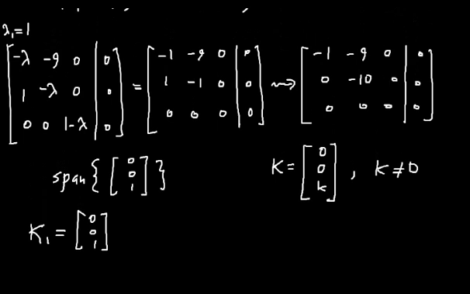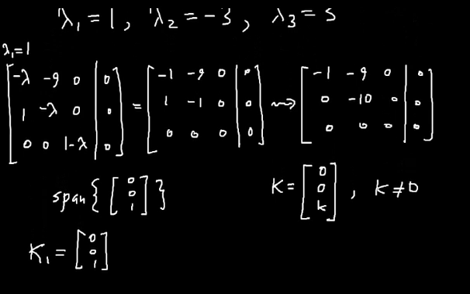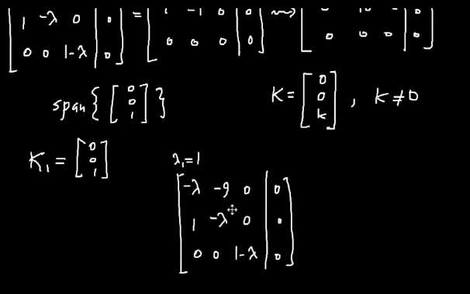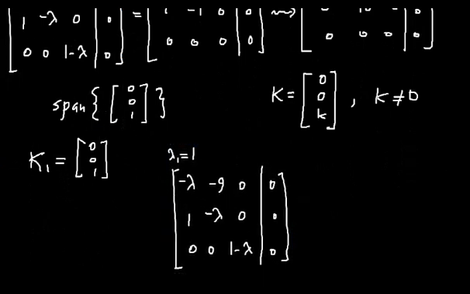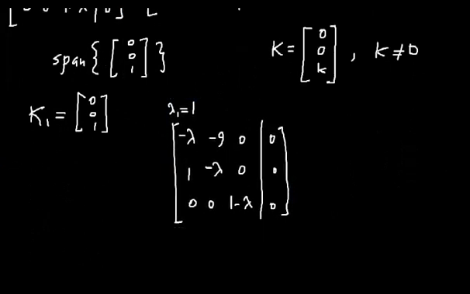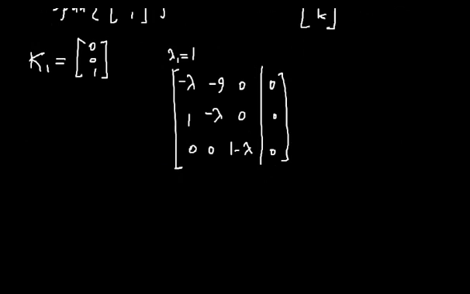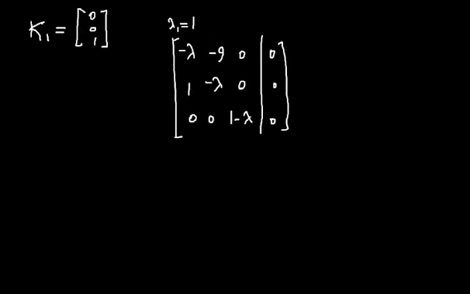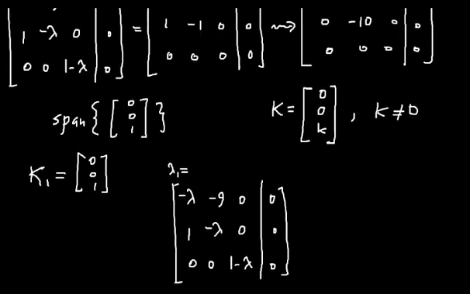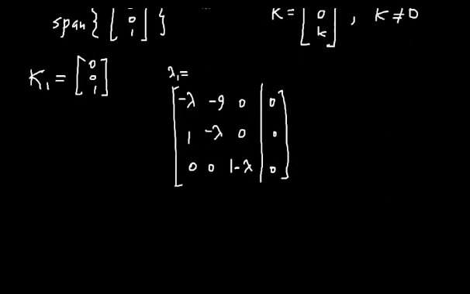Now let's see what k2 and k3 are equal to. These will correspond to the eigenvalues -3 and 3 respectively, right? Okay, so let's have a look at k2. This is for eigenvalue lambda equals, just to make sure I'm not going to make a mistake, let me go back here, it's -3.